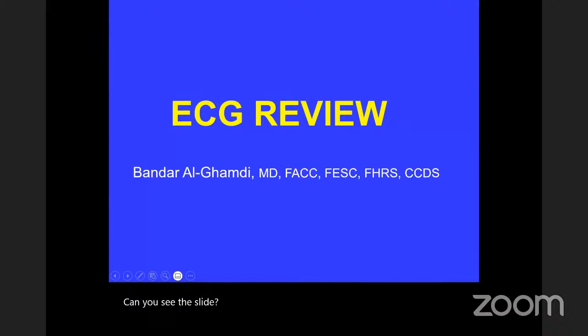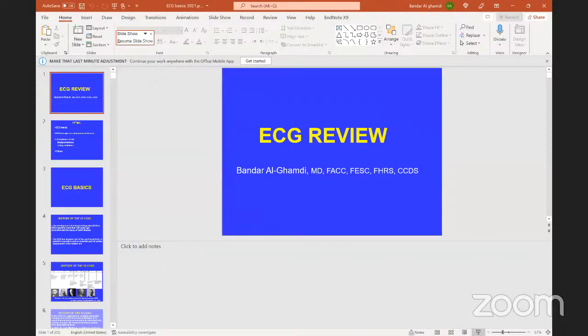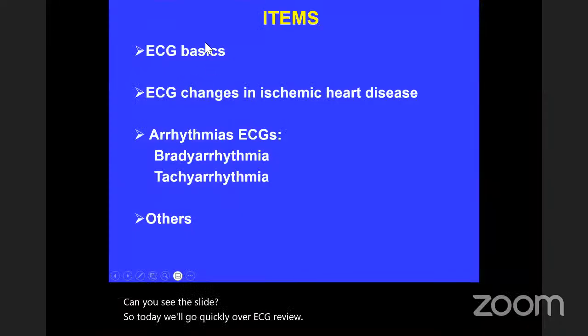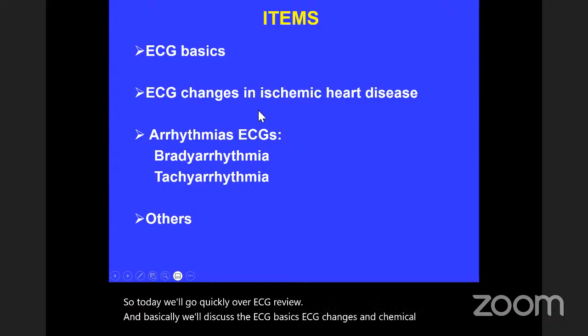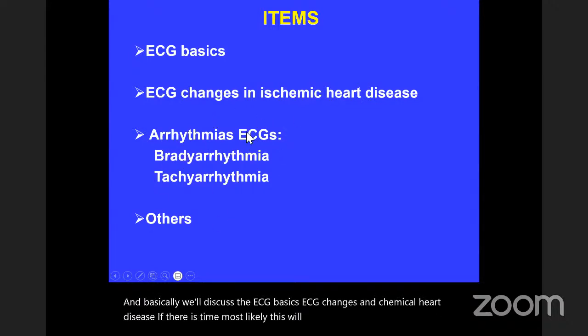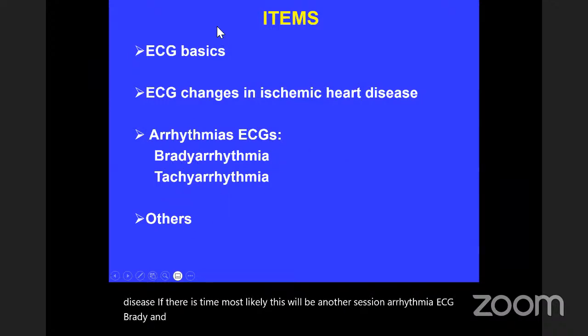So today we'll go quickly over ECG review. Basically, we'll discuss the ECG basics and ECG changes in ischemic heart disease. If there is time, most likely in another session, arrhythmia ECGs, brady and tachy arrhythmia ECGs and others.